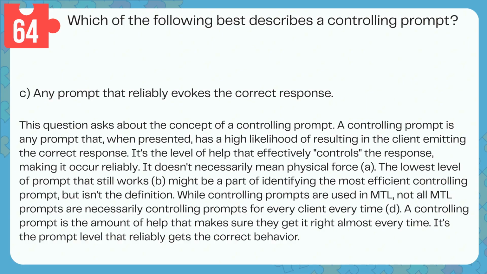B. Might be a part of identifying the most efficient controlling prompt, but isn't the definition. While controlling prompts are used in MTL, not all MTL prompts are necessarily controlling prompts for every client every time. D. A controlling prompt is the amount of help that makes sure they get it right almost every time. It's the prompt level that reliably gets the correct behavior.